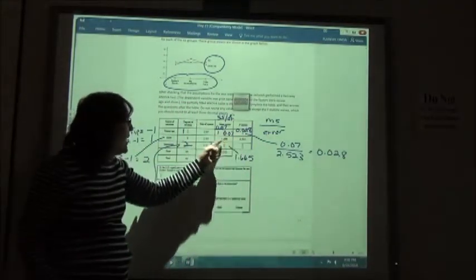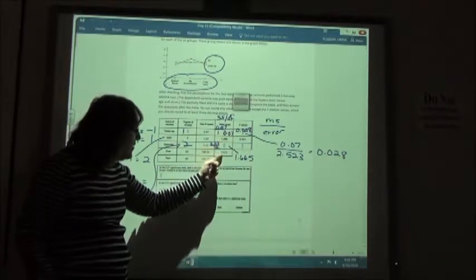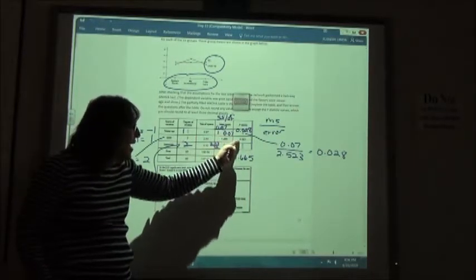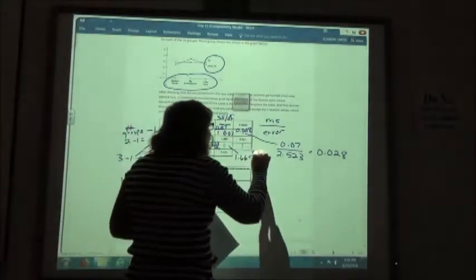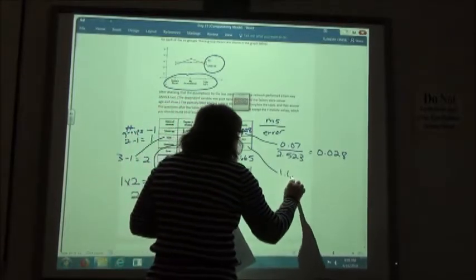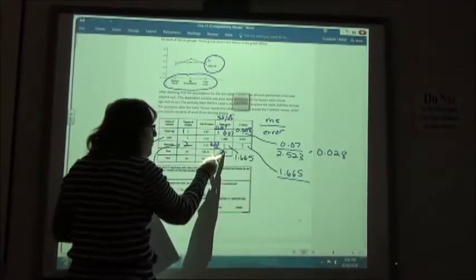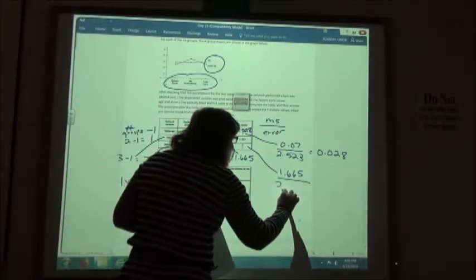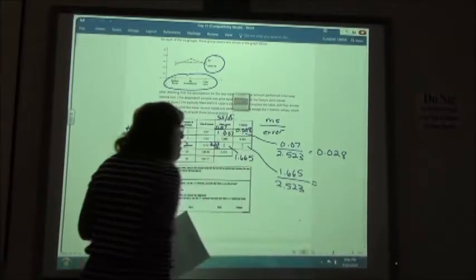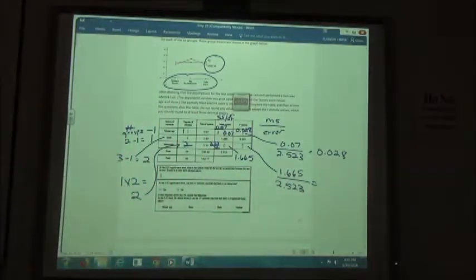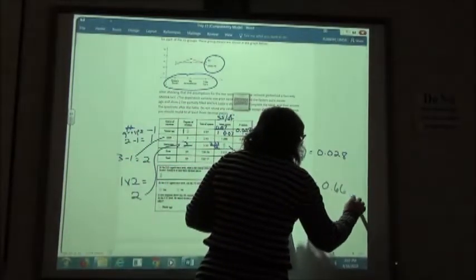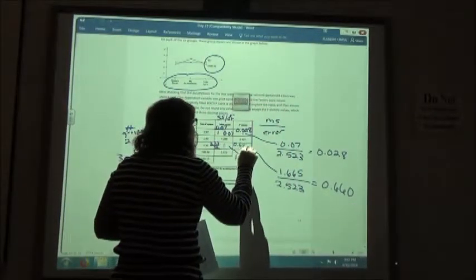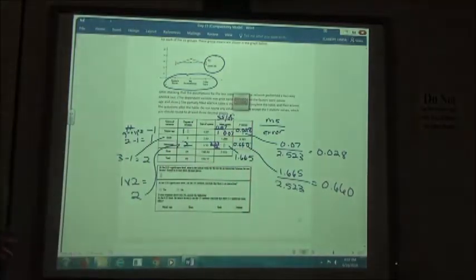On this one, we would have taken the 1.265 divided by the 2.523, and they got 0.501. They already did that calculation for us. On the last one, we're going to take our 1.665 that we got for our mean of our square, divided by the 2.523, which is our error. So 1.665 divided by 2.523 should be 0.660.